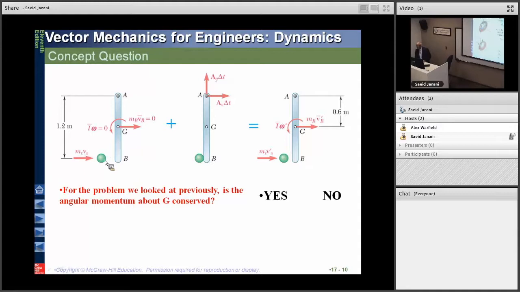Or the angular momentum may be computed directly from the moments and products of inertia with respect to the O, X, Y, Z frame, which is this frame. Okay?